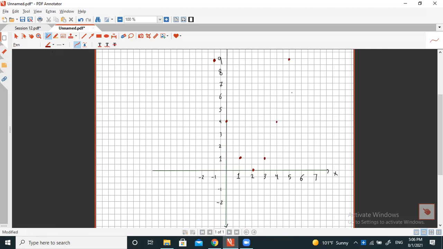You used the table to plot the points, and what you need now is just to join them. Easy, join them together. When you're joining, without a ruler, just draw a curve with your hand. Here we go.